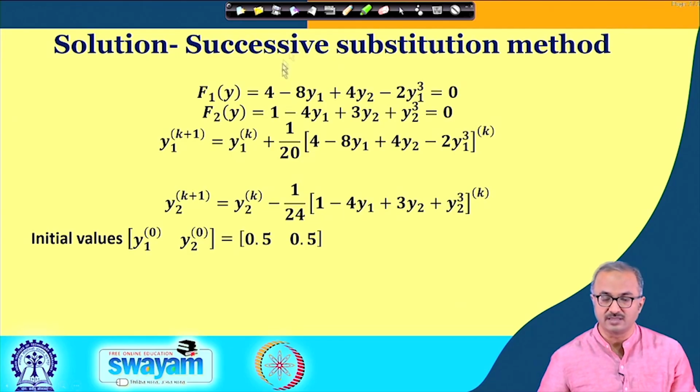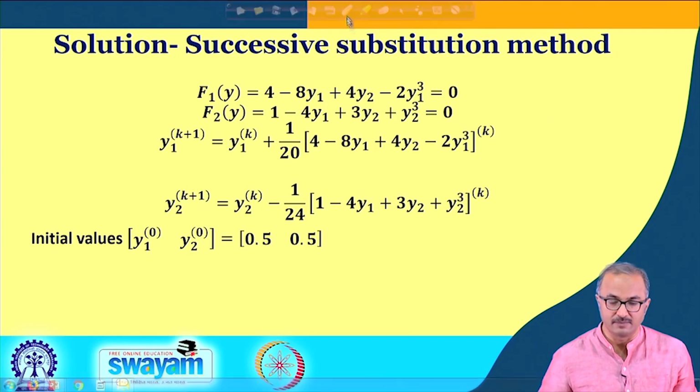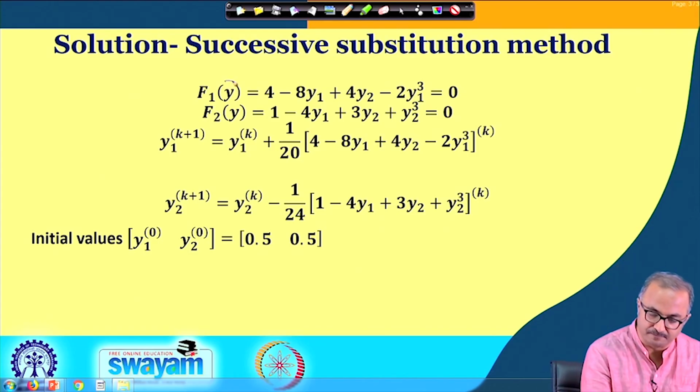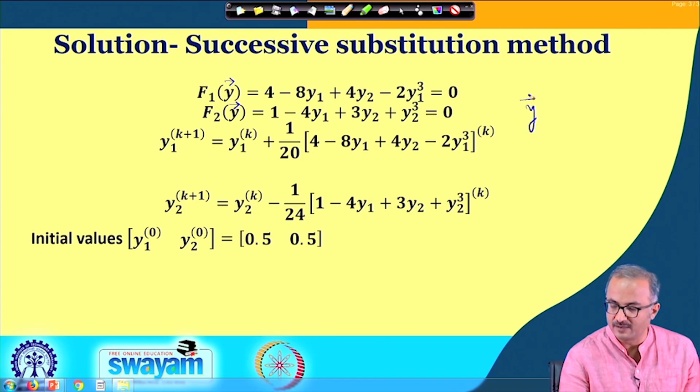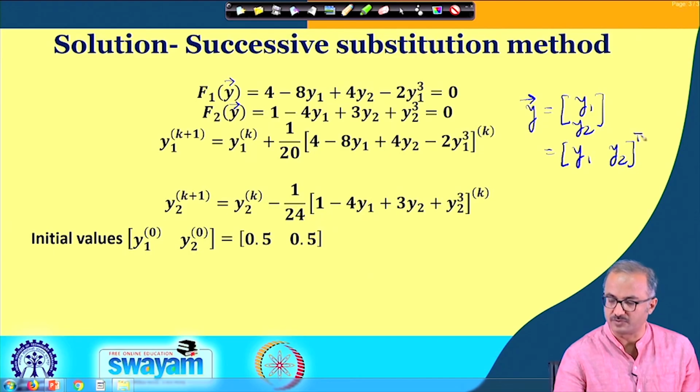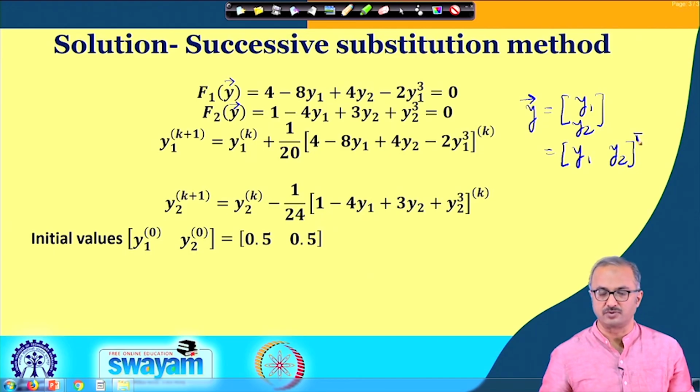In these cases, this y is basically a vector, and this y vector is given by y1, y2, or it can also be written like y1, y2 transpose. So, this T is the transpose.